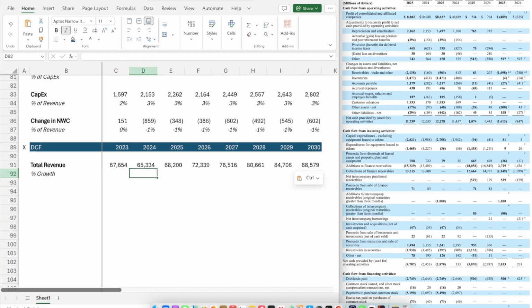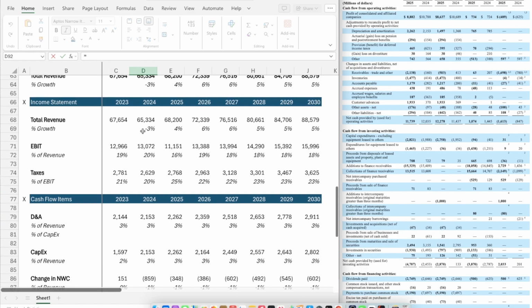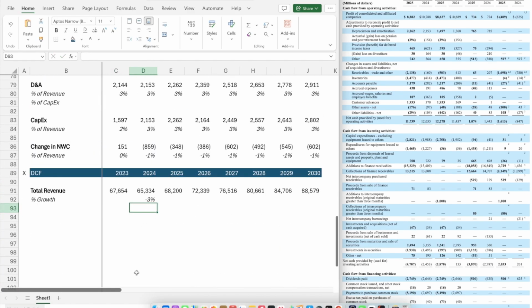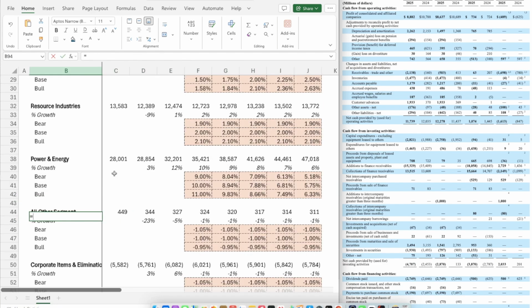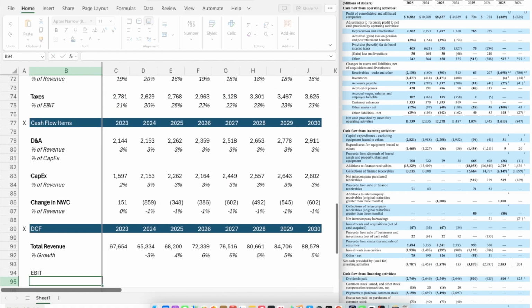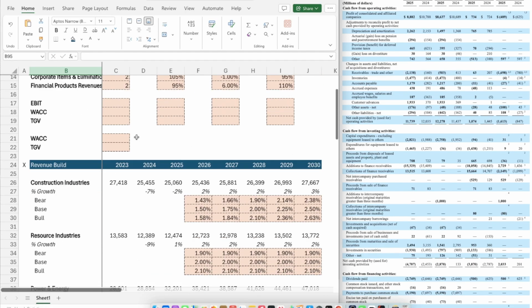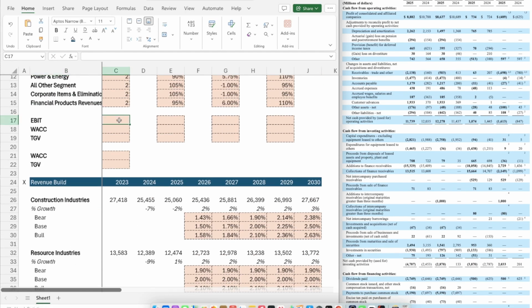It feels like we're repeating a lot of the things that we've done, and we are a bit. But for this next bit, what we have to do is create what we did for the revenue build, but for the EBIT.